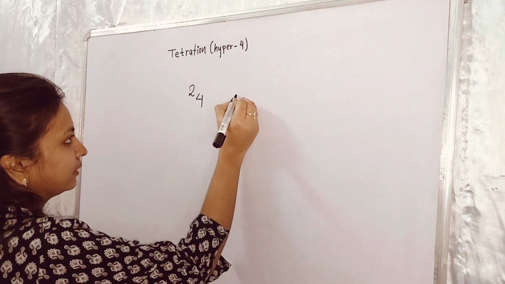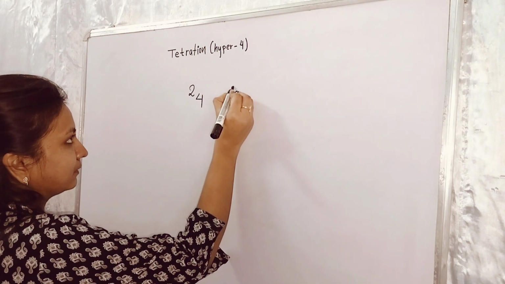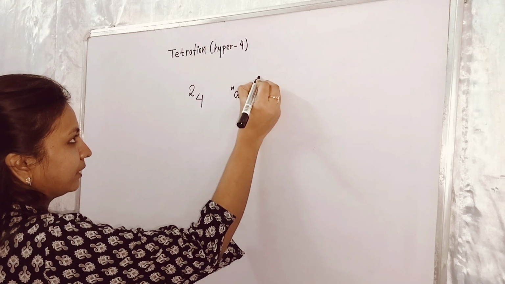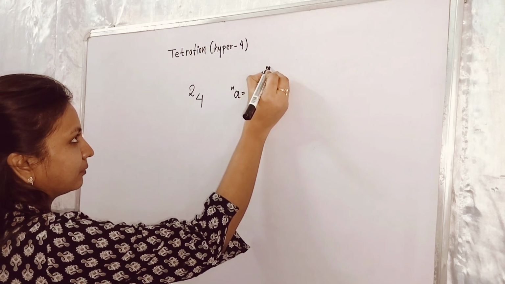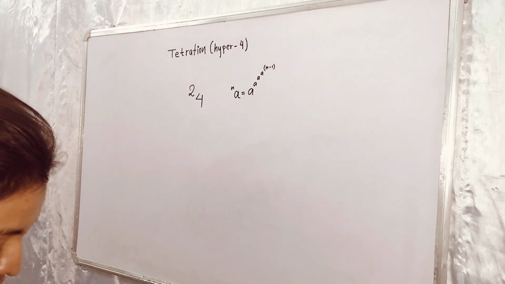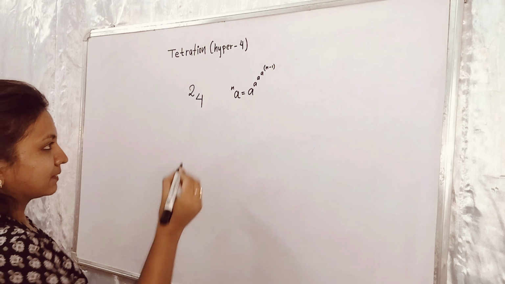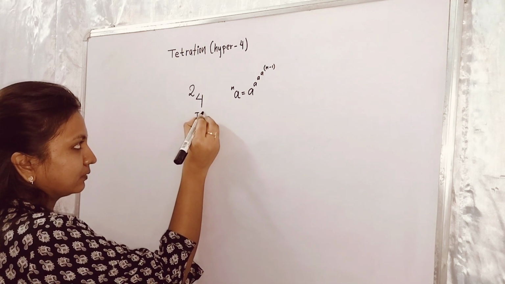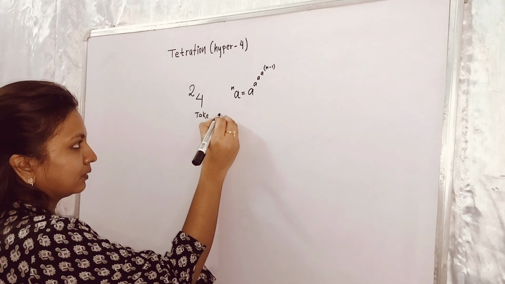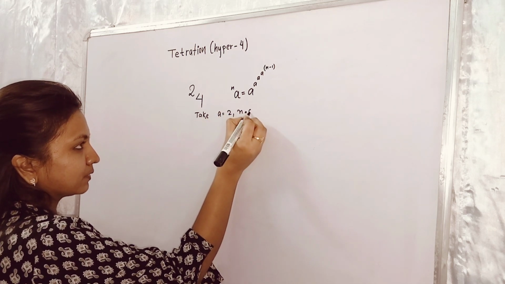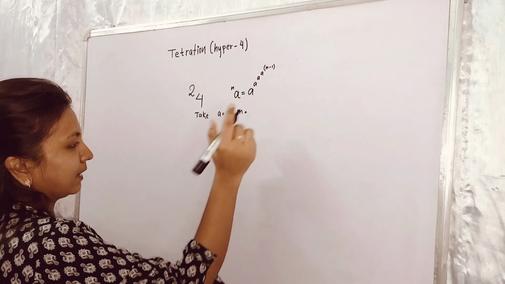See, as I told you, a to the power n is equal to a to the power a to the power a, going till n minus 1. Fine. This is the general concept. Now let's assume a is equal to 2 and n is equal to 1.